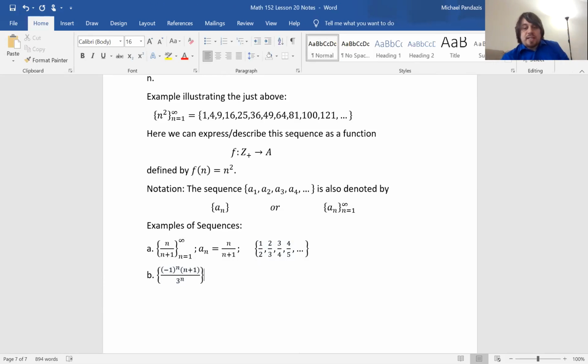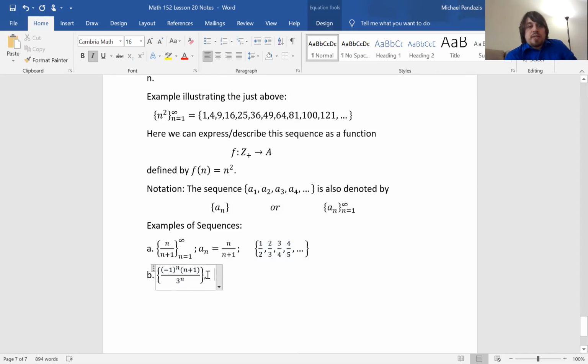So now I'm just going to write it like that. I'm not going to add n equals 1 to infinity, because the fact that I didn't write anything for the indices means that you're going to use the standard indices 1 to infinity for n. And so a sub n is what's inside the bracket. It's this expression.